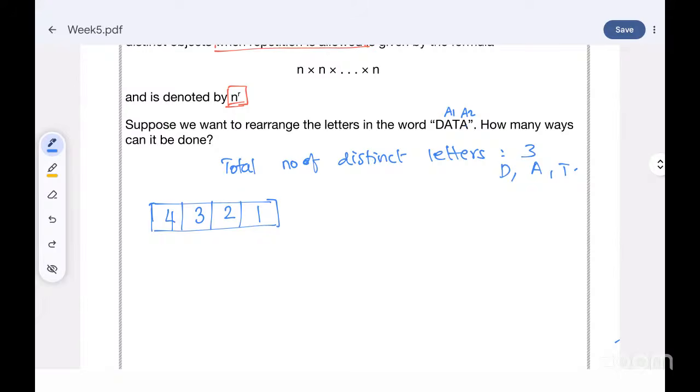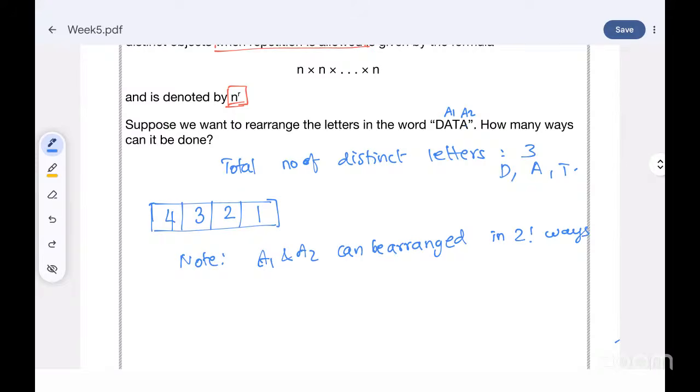Here we have repetition. The two A's can be arranged by themselves in 2 factorial ways. So A1 and A2 can be arranged in 2 factorial ways, right?